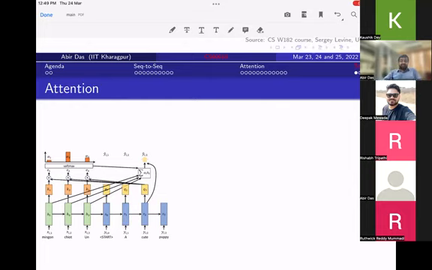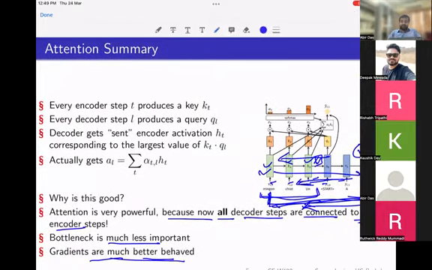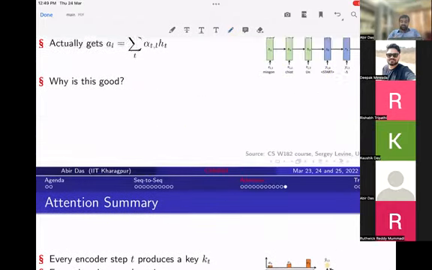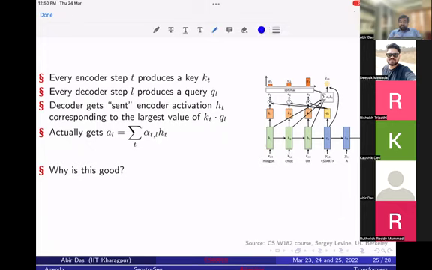Yeah. So there are two paths that connect, let me go to this figure, this decoder hidden state to this farthest encoder hidden state. One is this recurrent connection. I'm just talking about the back propagation. When the gradient is computed here, it will go there.